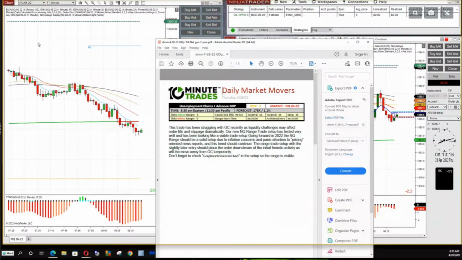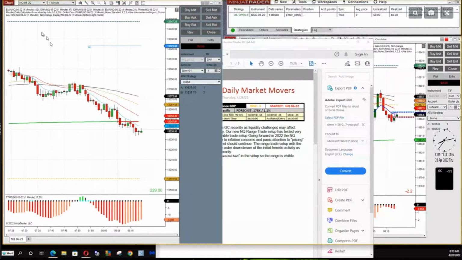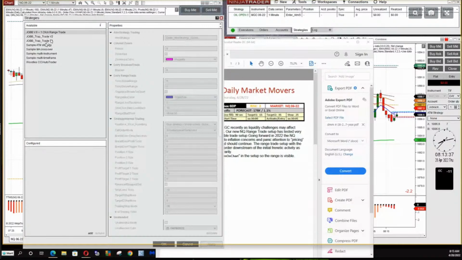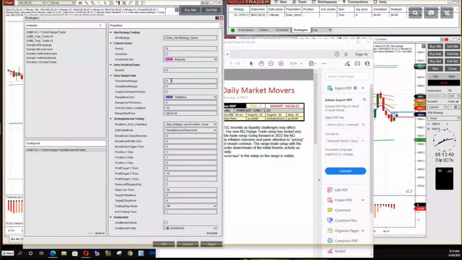I think the stop is small, okay? Ticks above 6, ticks below 6. The range start time is 8:30.